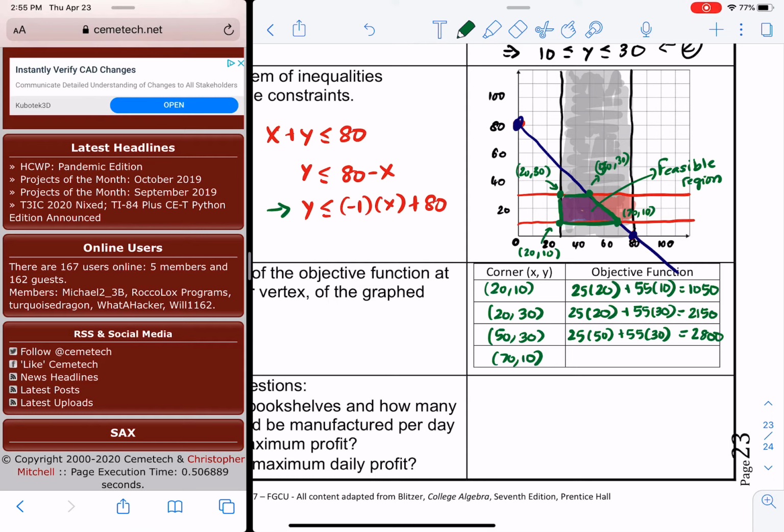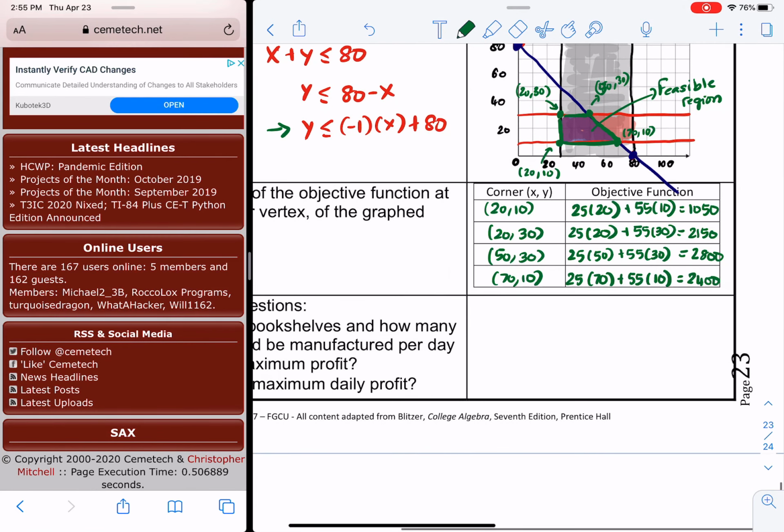And lastly, we have 25 times 70 plus 55 times 10. So that would be 1750 plus 550. That would put us at 2300.